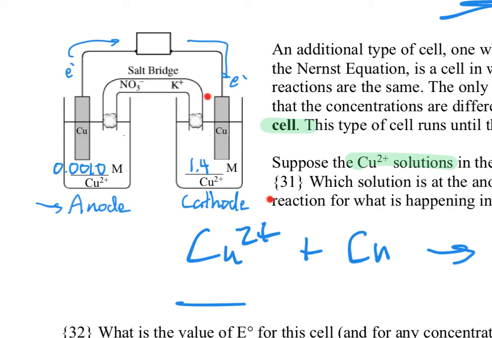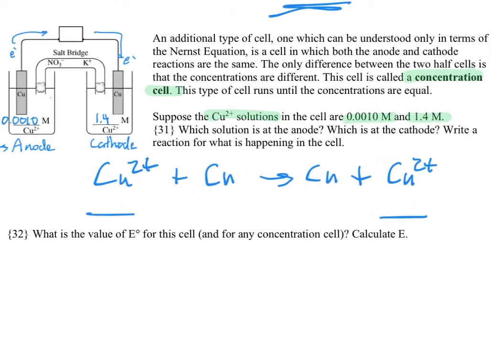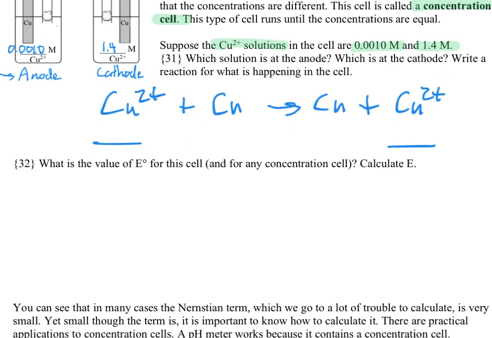Okay? All right, so let me zoom back out and do a calculation here. What is the value of E0 for this cell, or really any concentration cell? Well, again, just think about what's going on here. We are reducing copper and we're oxidizing copper. So we're kind of chasing ourselves in a circle.